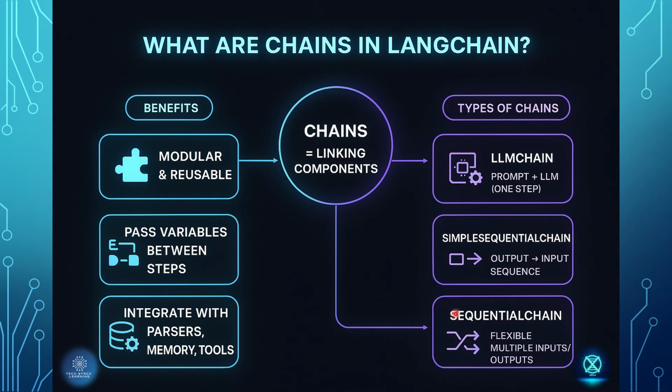Sequential chains are more flexible, where you can pass multiple inputs and multiple outputs. Simple sequential is basically a single input, single output, but it can have multiple chains in sequence. So these are the main chains we will be seeing in today's session.